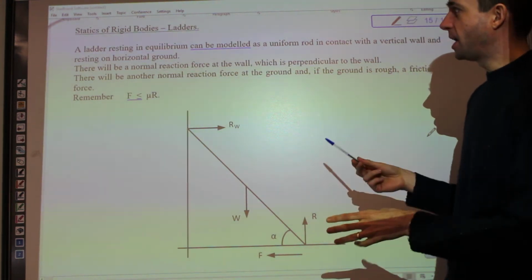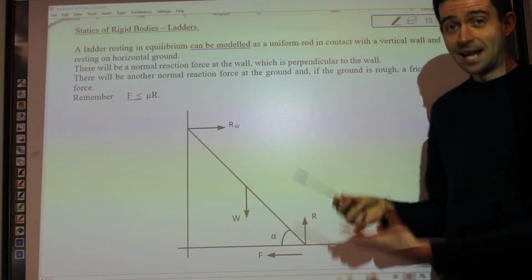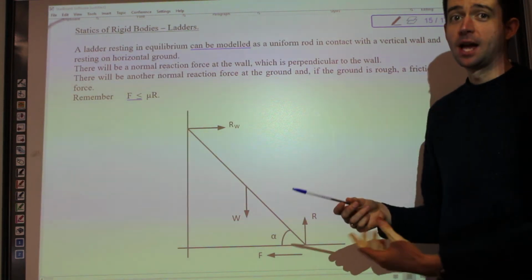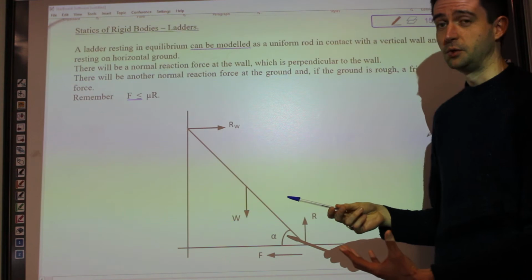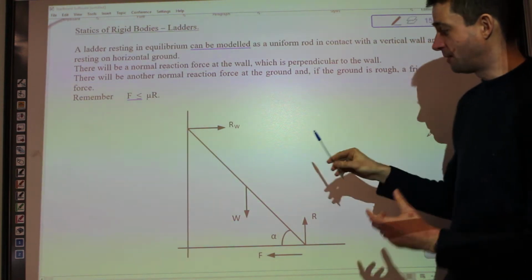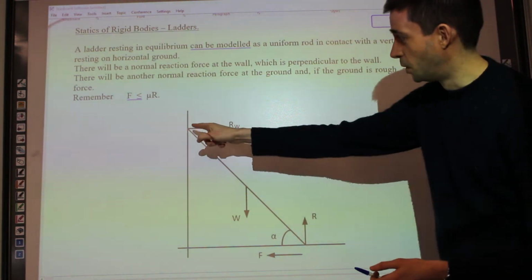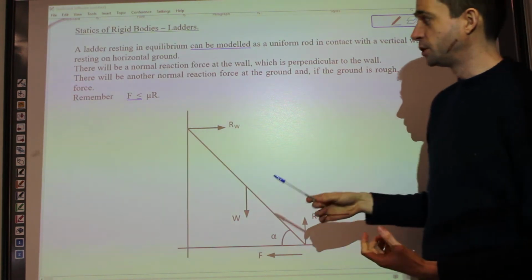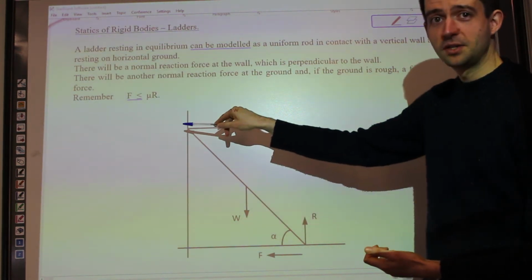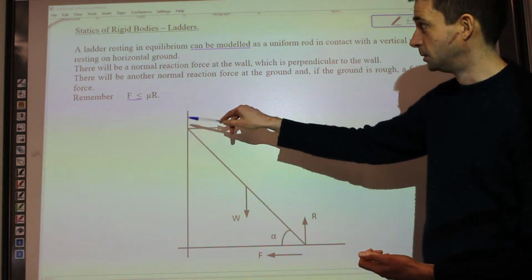Now, when we have a situation where we're modelling a ladder, rather than previously where we had a uniform rod resting on a smooth peg, if you have a ladder in contact with a wall, then you have to also consider what's going on at this point where the ladder is in contact with the wall.